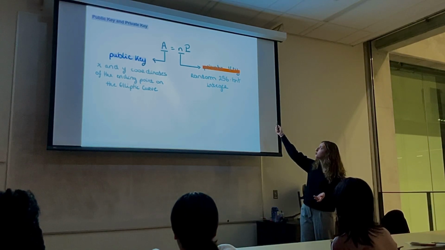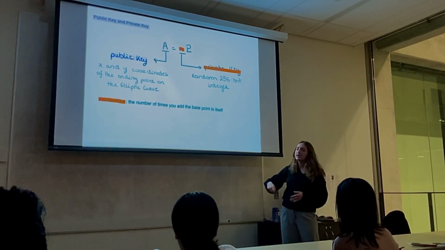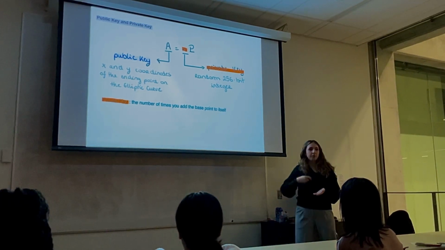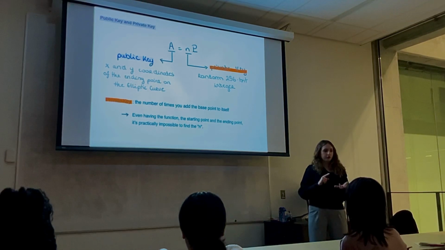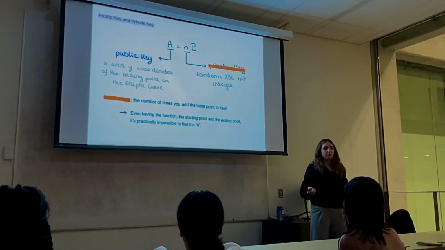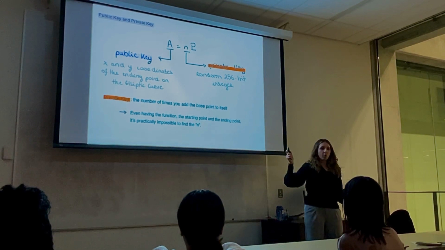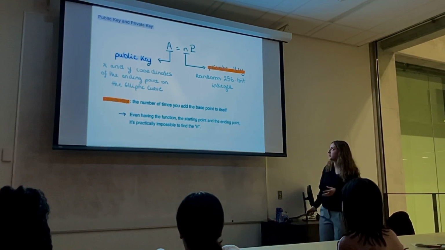It's a random 256-bit integer. Basically, your private key is just the number of times you're going to add the base point to itself. And even having the function, the start point, and the end point, it's practically impossible to find back the n. And this is why we use elliptic curves to secure information.